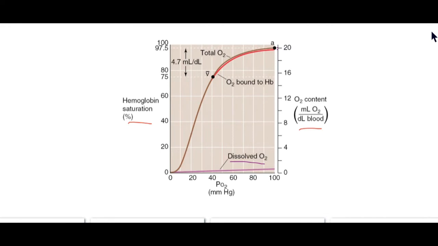The only reason you start to see these two lines kind of diverge from each other at this point has to do with the point at which you finally start to see the dissolved coming up more above baseline. As it starts to come up above baseline, then you start to see a difference in the amount that you can attribute to hemoglobin versus the total oxygen content of that whole blood.